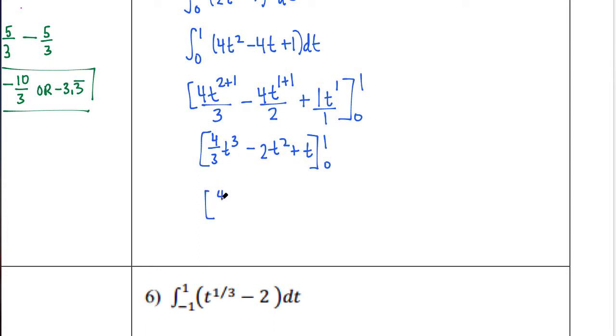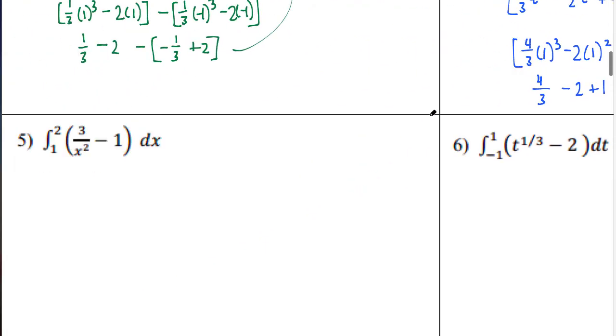So I have 4/3 times 1 cubed minus 2 times 1 squared plus 1 minus, so all of these terms involve a t, and since my lower bound is 0, this whole thing is going to be 0. So I'm not going to go through the trouble of writing all that. So this ends up being 4/3 minus 2 plus 1. So 4/3 minus 1 is just going to be 1/3.